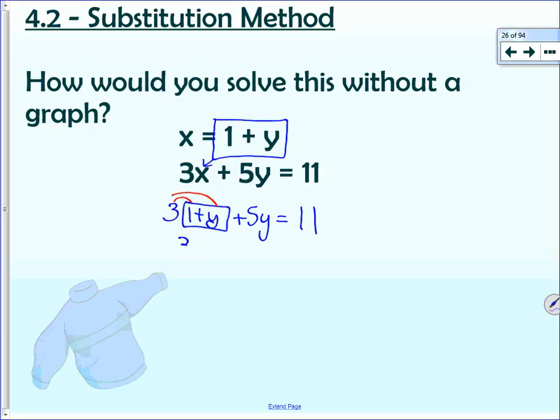3 times 1 is 3. 3 times y is 3y. Bring down the plus 5y equals 11. Then I can combine like terms. So that's 8 y's.